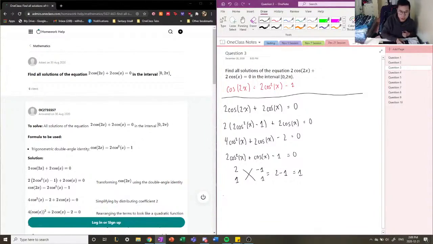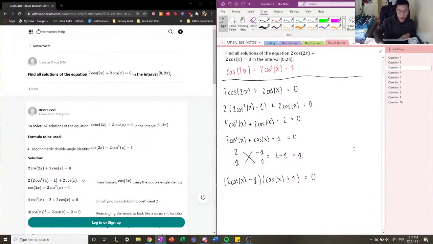So now that we have found this, we can write out our factors, which is (2 cos x minus 1) times (cos x plus 1) equal to 0. Make sure that you include your variable here, which is cos of x. Now we have to remember our special angles, what angles or radians make this equal to 0.